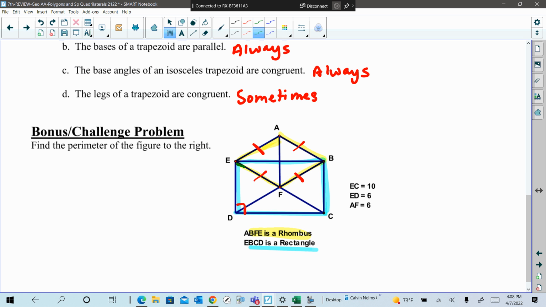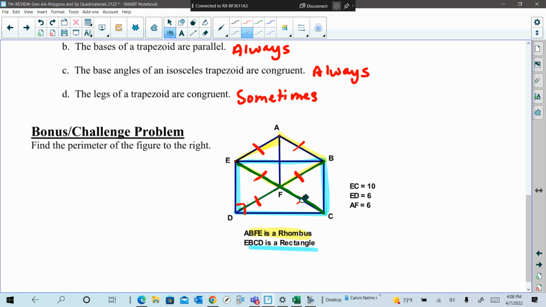So this is a diagonal right here in the rectangle, EC, and BD is a diagonal in the rectangle. And I already have a tick mark to show it's bisected. And in a rectangle, all of these parts of the diagonal have the same marking, and they're all congruent. So hopefully I'll get you on the right track here.